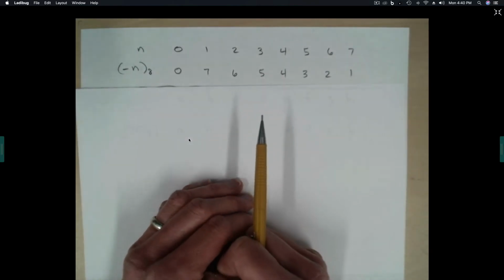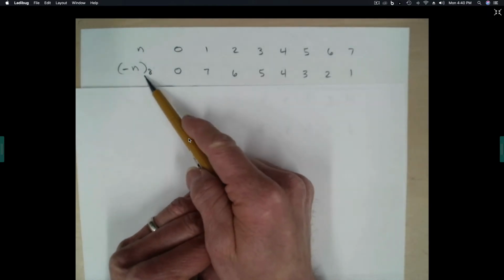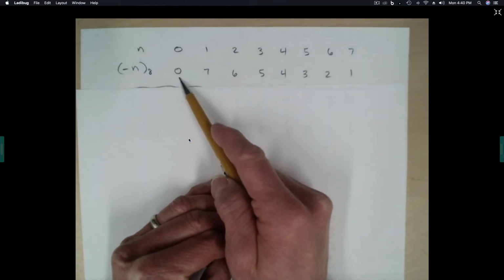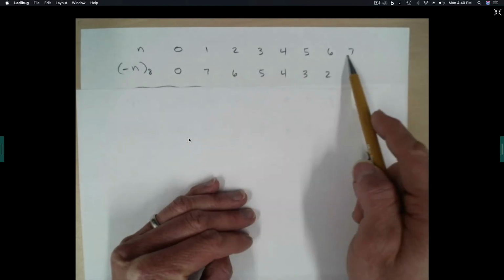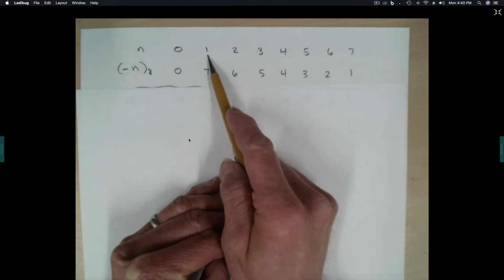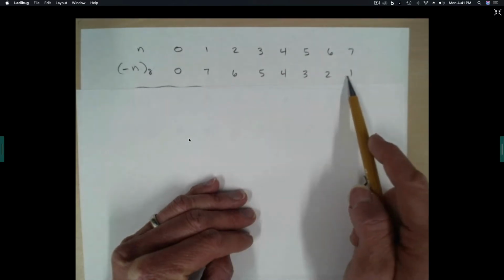And the thing that I want you to notice here is that when we do a circular time reversal, or a modulo N time reversal, the first sample stays where it is, and all of the other samples in the sequence get reversed. Notice that this sequence is 1 through 7, and this is 7 down to 1.